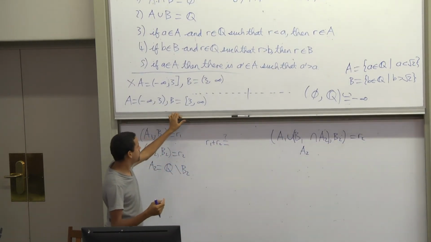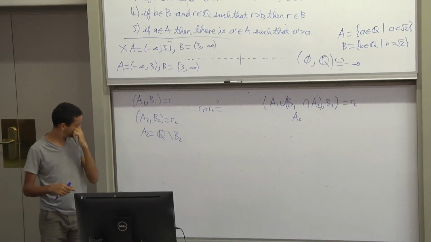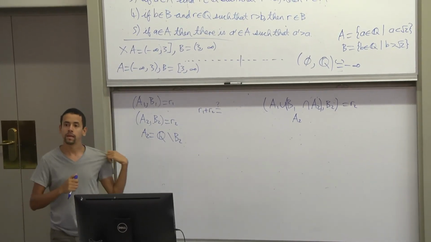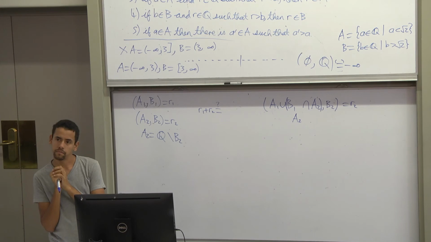But anyway, back to how do I define adding two Dedekind cuts? Consider a real here and a real here, everything on that side and everything on that side.